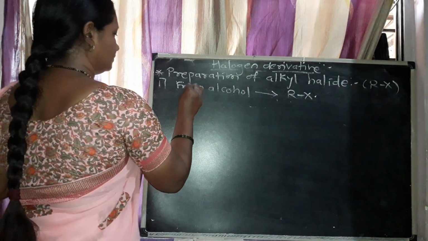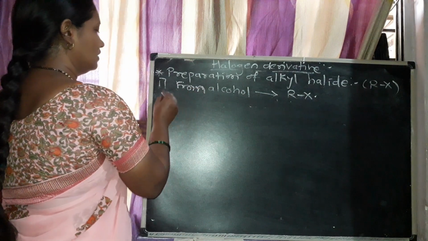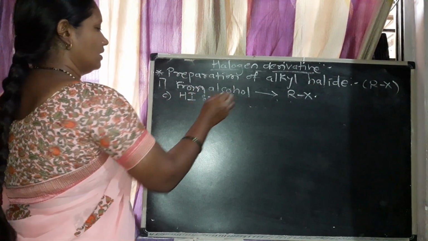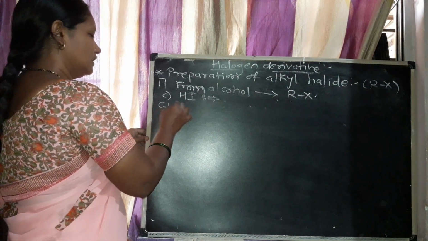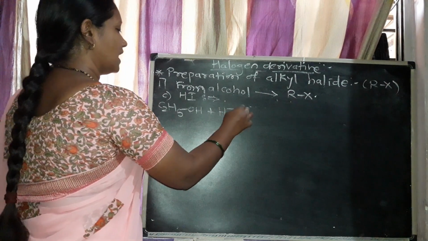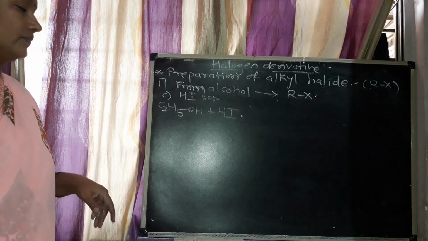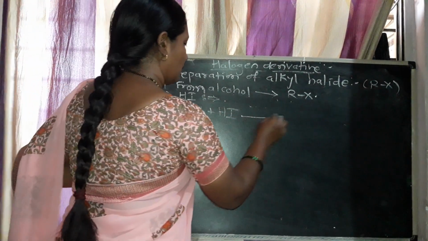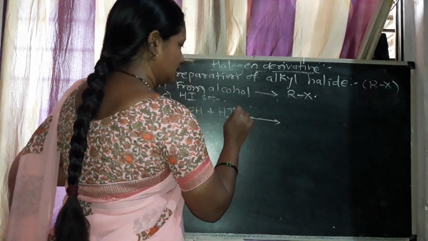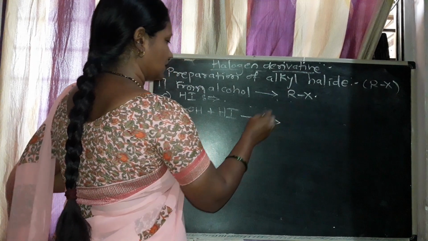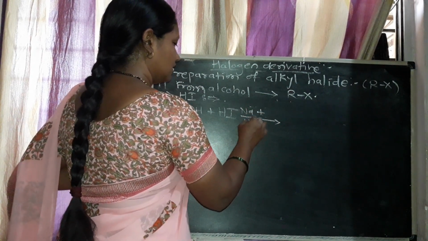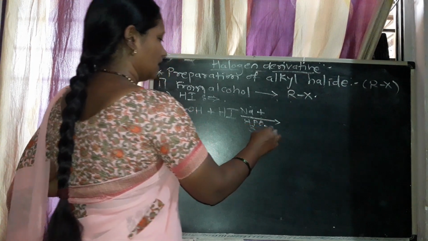From alcohol, C by using HI. Now when this alcohol is reacted with HI, here a catalyst is required, that is sodium plus H3PO3.